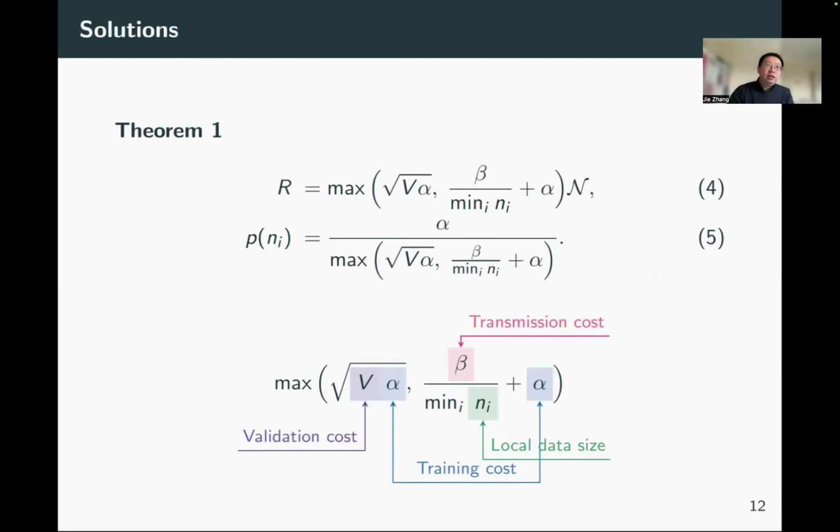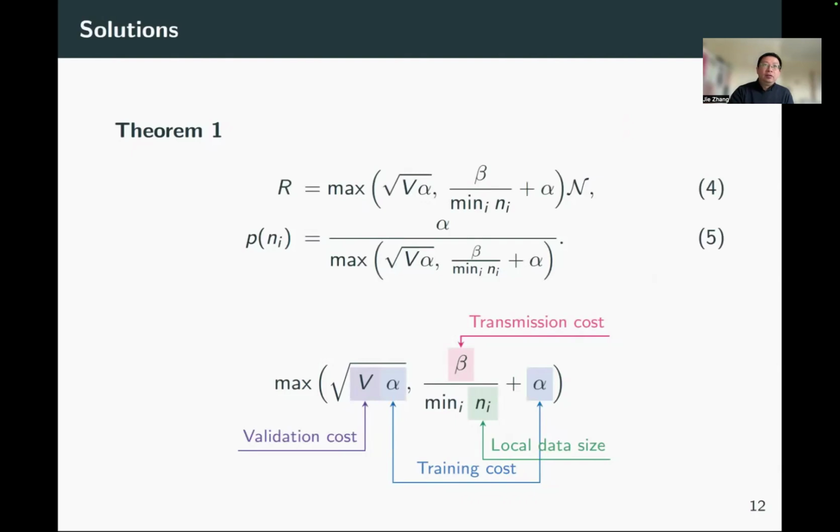So we take that and we are able to produce our theorem 1. The proof for that is in the paper, but the result is that we can characterize our reward scheme and our probability scheme. You will see both of those have this maximization function here, which I will talk about in a second. The reward function is this maximization multiplied by the total amount of data being trained on.